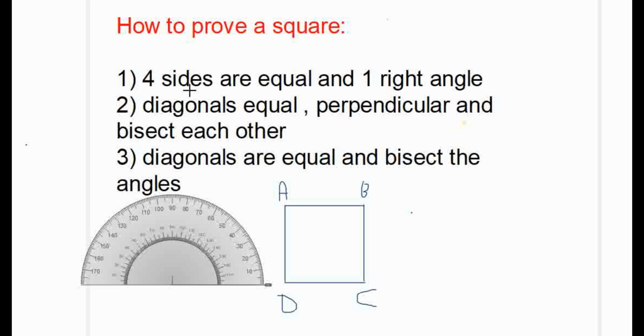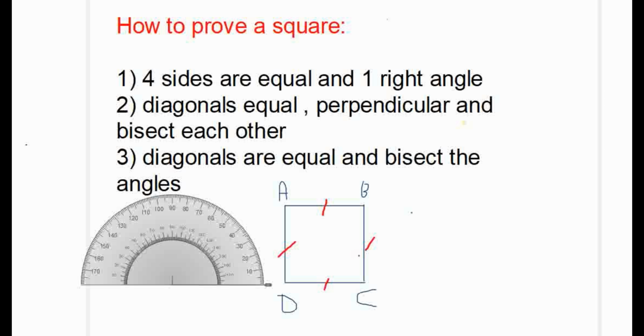So if we want to prove a square, one of these three conditions, I repeat, one of these three conditions should be true. So either one, either two, or three, not all of them. Okay, so if we were able to prove that the four sides are equal, so it means that AB equals BC equals CD equals AD. We want to prove that, meaning that they have told us they are equal.